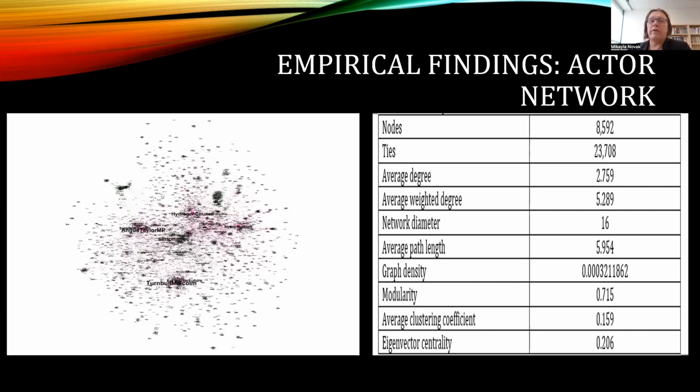That's a relatively high number. What this is indicating is that there are actually clusters within this whole network, where you have different kinds of actors associating with one another in terms of chatter and discourse about hydrogen decarbonisation.